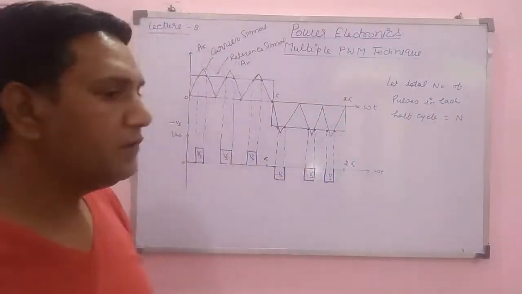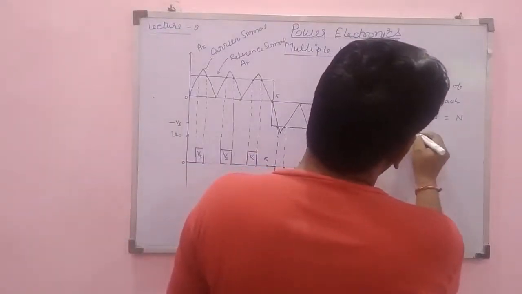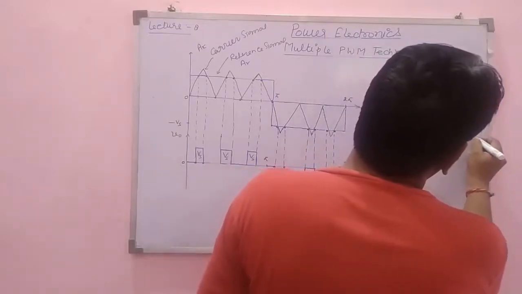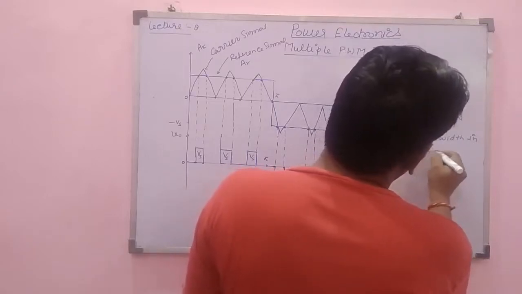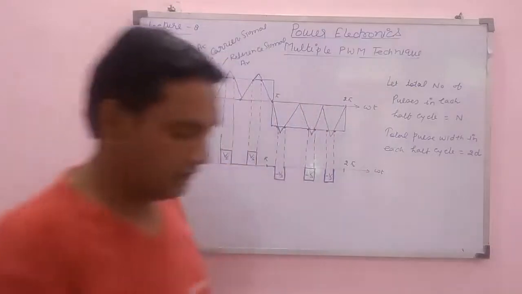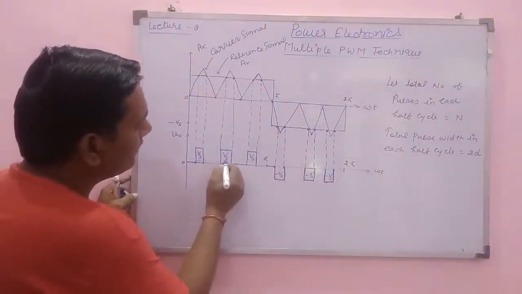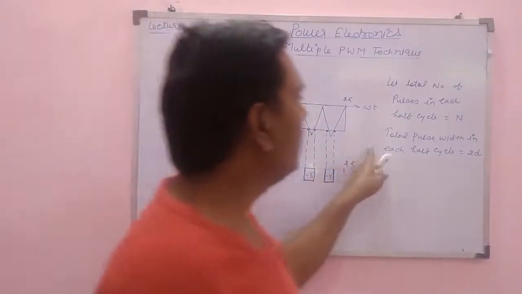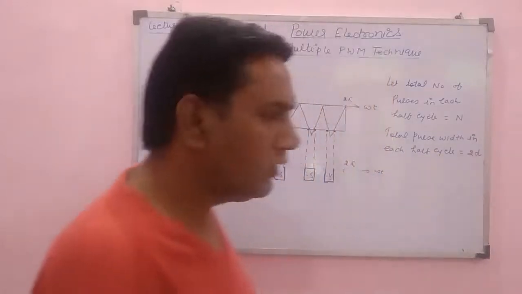Now you know, in the previous lecture we discussed that the total pulse width in each half cycle is denoted by 2d. That is the total pulse width, meaning the width of this pulse plus this pulse plus this pulse. This is the total pulse width of the output voltage waveform in each half cycle, equal to 2d.